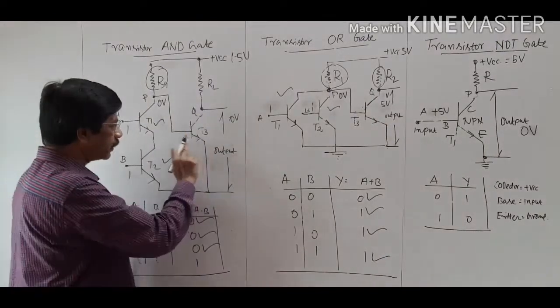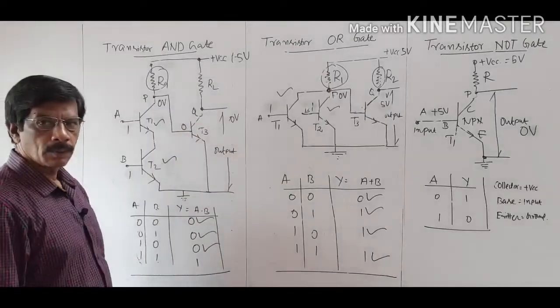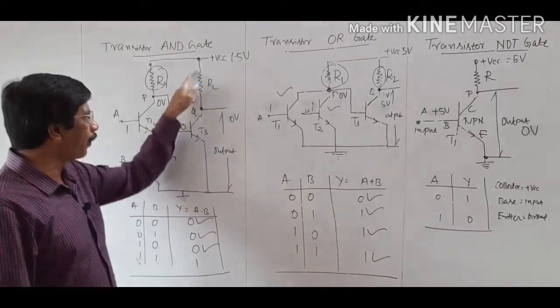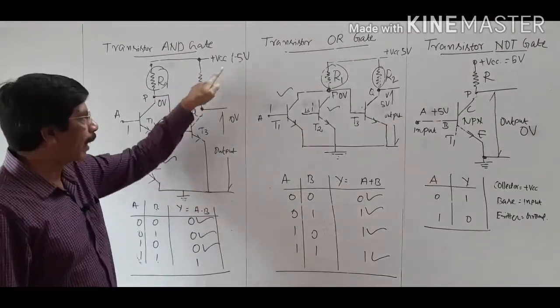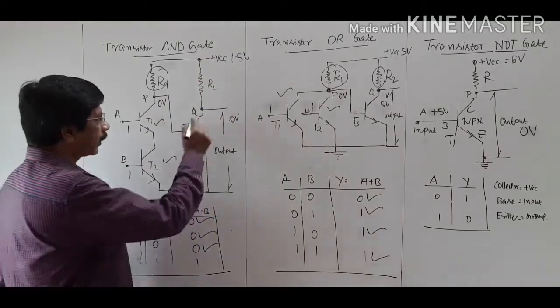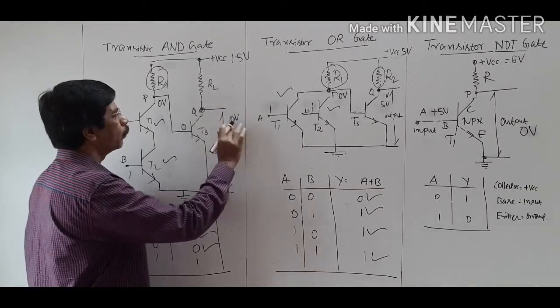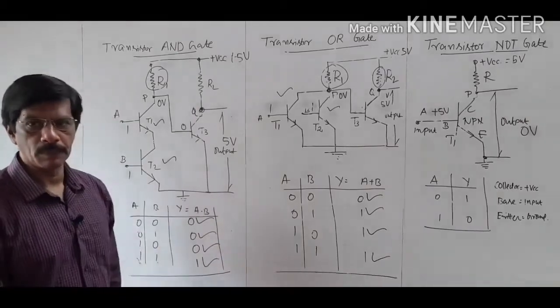Definitely T3 is in the off condition because the input is equal to 0. When the input is 0, it is off condition, no current generation, no drop across R2. In this case alone, the applied plus 5 volt easily passes through the resistor and the voltage across the point capital Q with respect to ground is almost 5 volt. That shows the last line of the truth table.